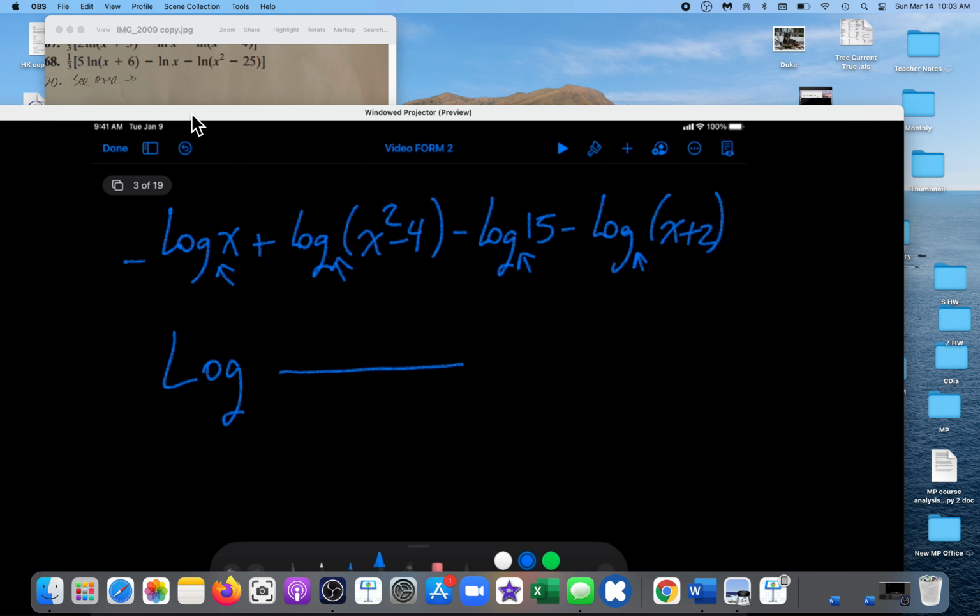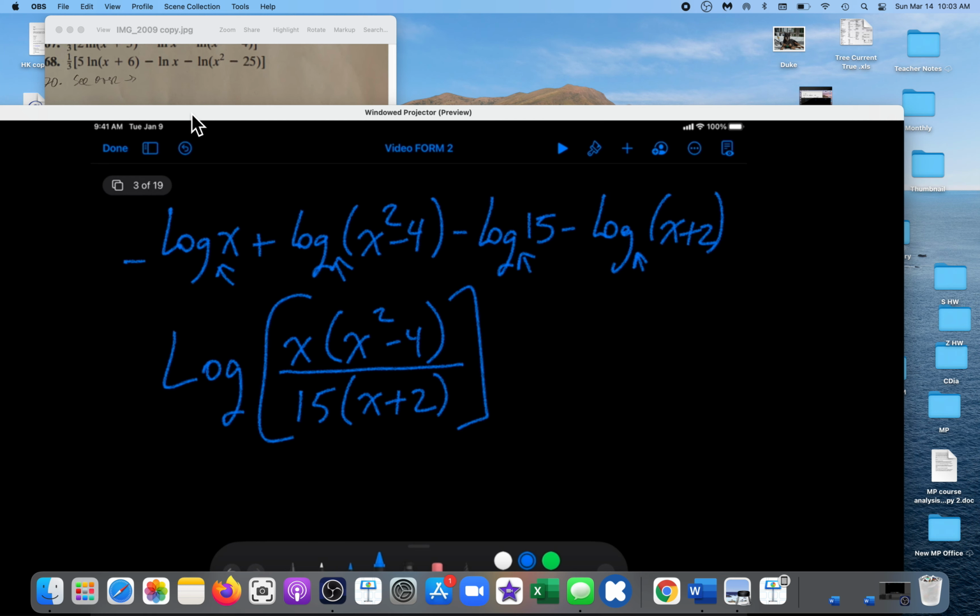Because we see negatives, we know by definition we're going to have to put something in the denominator. And that is 15 times x plus 2. Now, this is the difference between two perfect squares. I didn't do this on the last problem, but we could have.